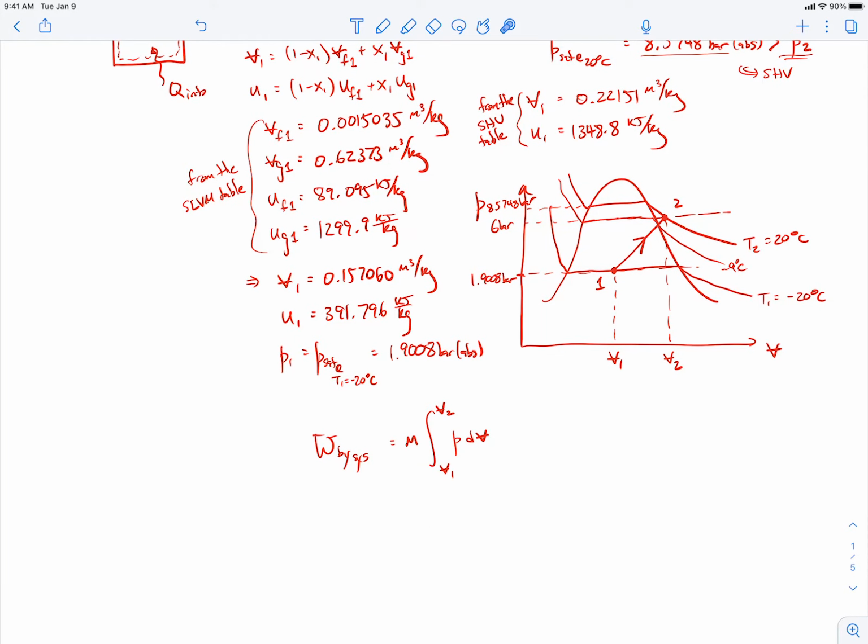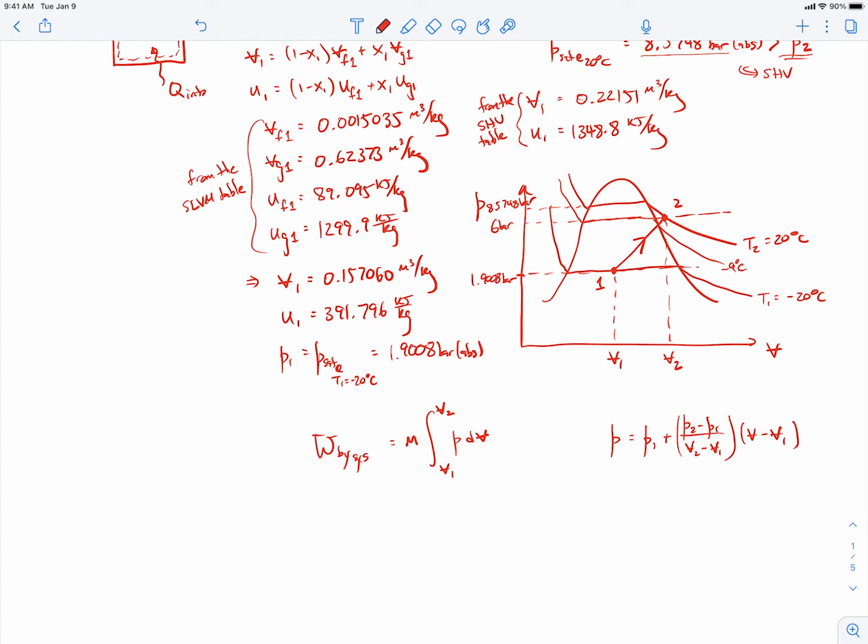Now, to evaluate this integral, I could write out pressure as a function of specific volume as a linear function. I could write that out like this. So pressure would be P1 plus the slope, which would be what? P2 minus P1 all over V2 minus V1, times V minus V1.